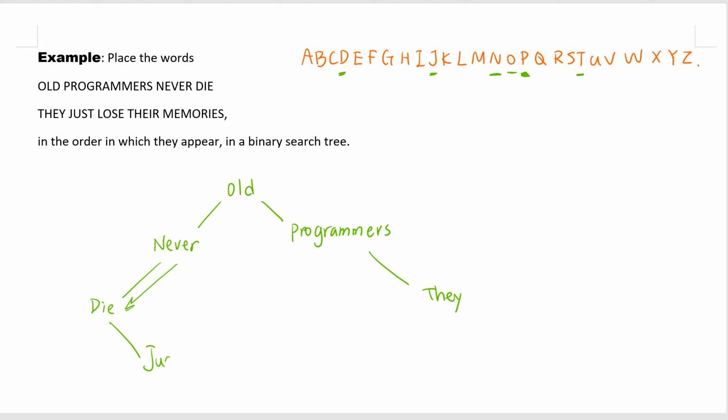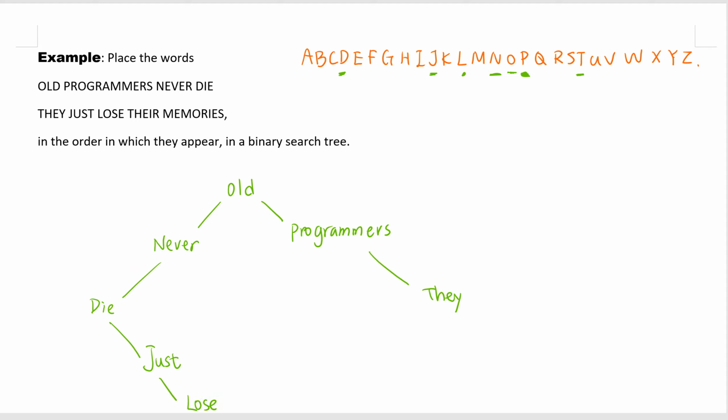Loose is L. So L is on the left of N and on the right of D and then on the right of J. So that's why here this is loose.